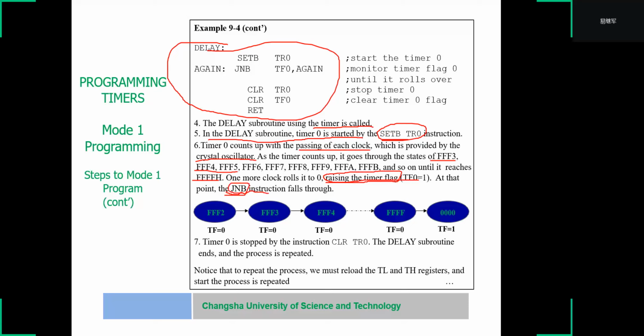Timer 0 is stopped by the instruction CLR TR0. The delay subroutine ends. The process is repeated. Notice, to repeat the process, we must reload the TL and TH registers and start the process again.